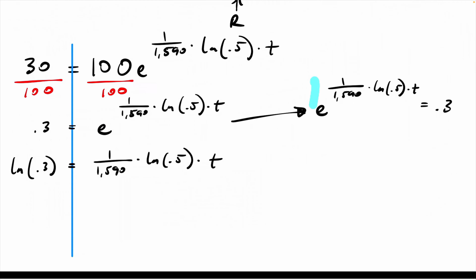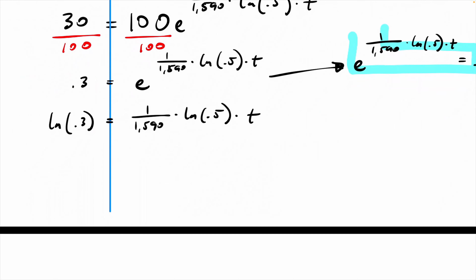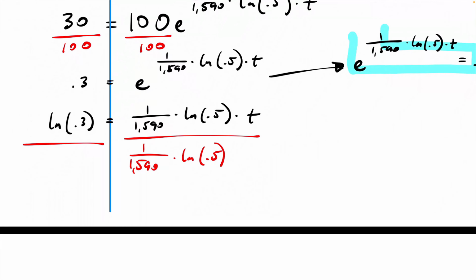And then I did the L. How do I solve for t? Divide by what I don't want. And that's when you go to your calculator.